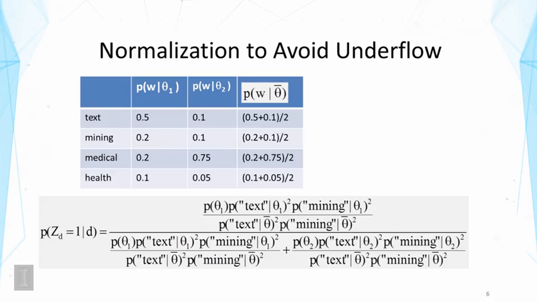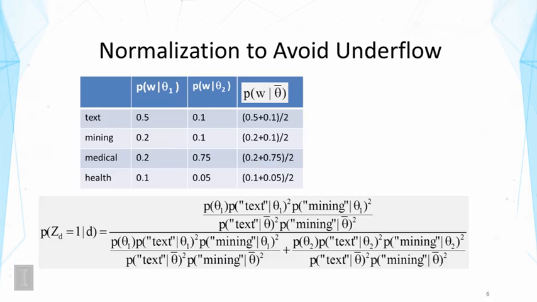So to solve the problem, we can use a normalizer. So here you see that we take an average of these 2 distributions to compute another average distribution called theta bar. And the average distribution will be comparable to each of these distributions in terms of the quantities, the magnitude.